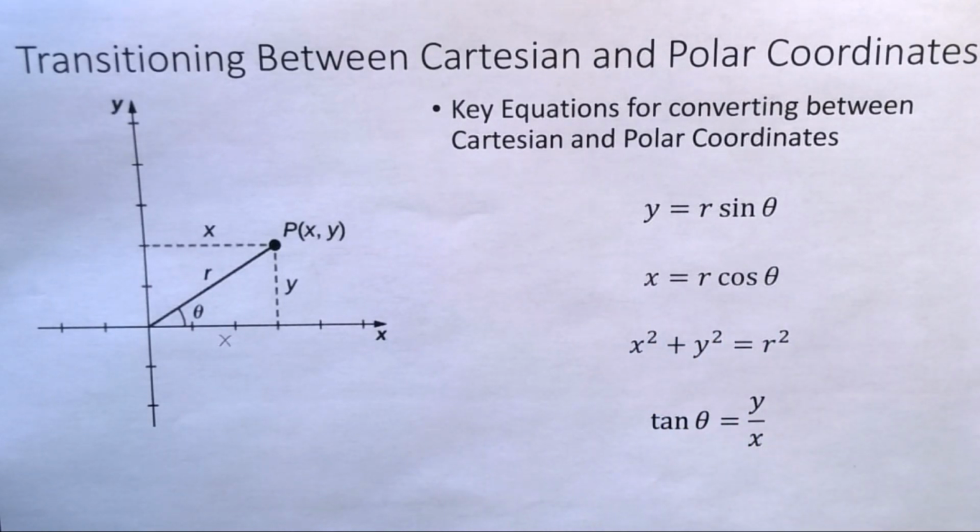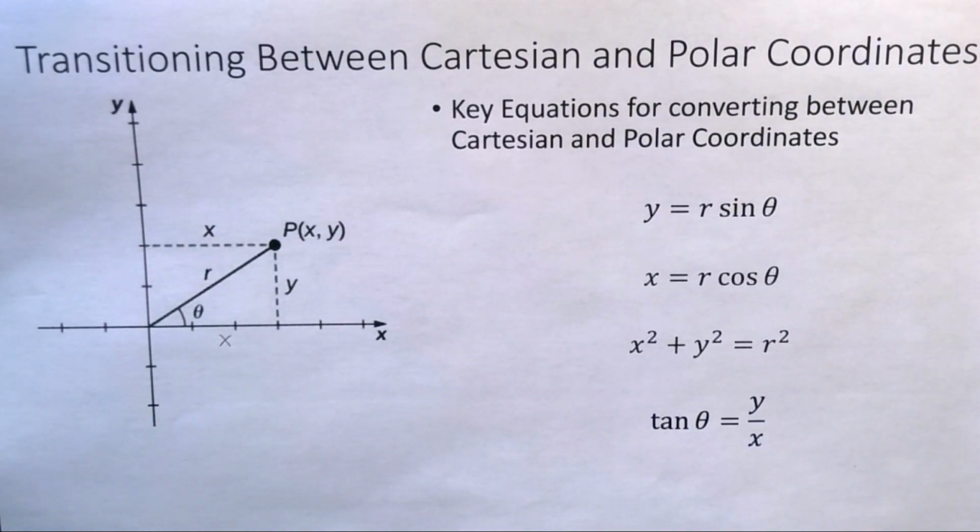The next thing is, since this is a right triangle, we can apply the Pythagorean theorem. The Pythagorean theorem states that each of the legs squared added will be equal to hypotenuse squared. So this gives x squared plus y squared is equal to r squared, which is another equation.